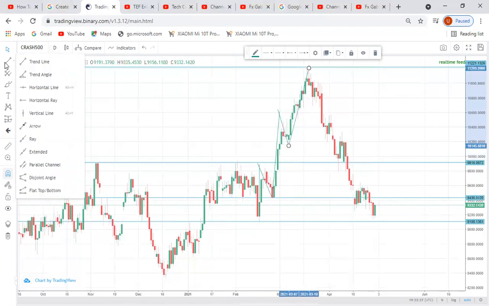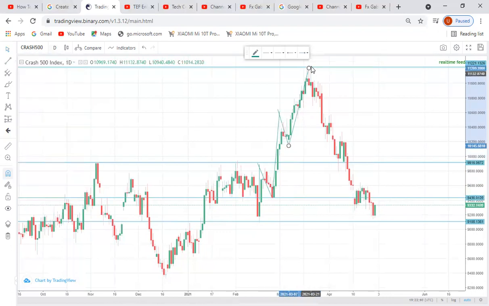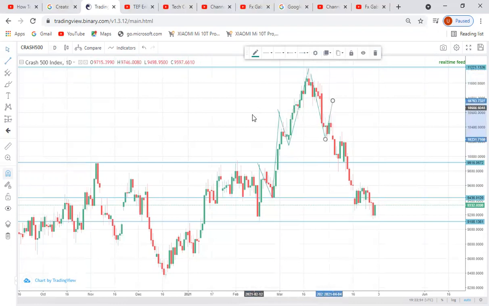So the market went this way to the downside since the market hit that resistance zone, and as usual, the same thing over here. We can see it here.